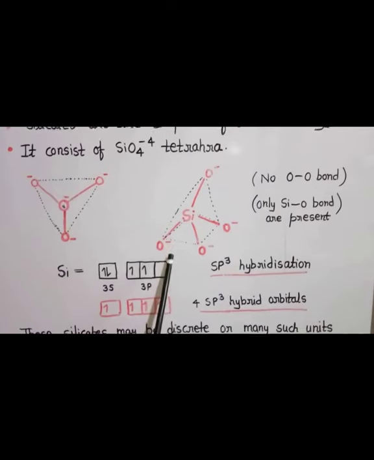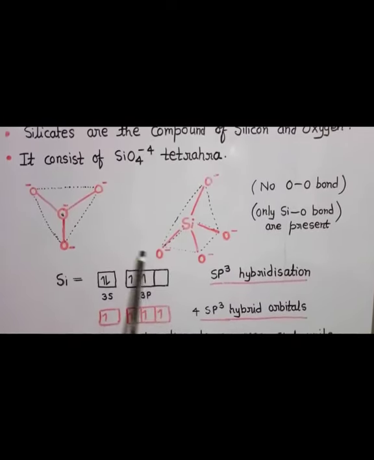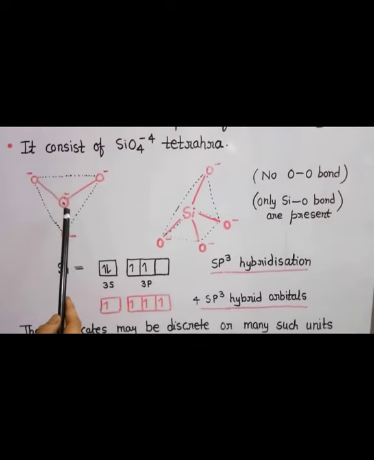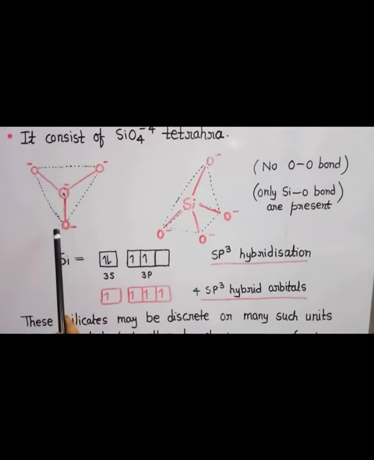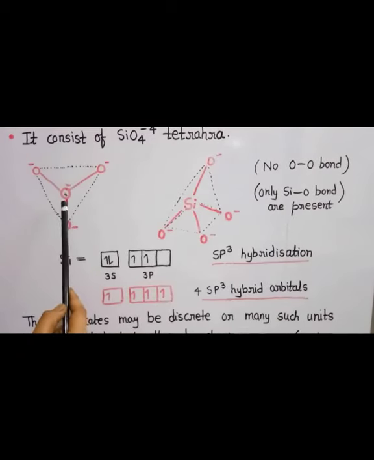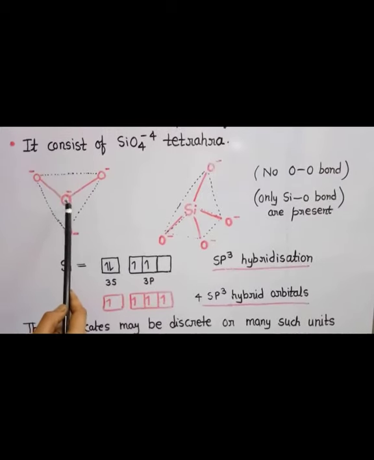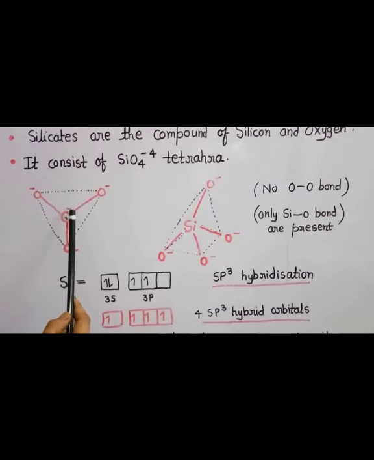The dotted lines show that it looks like a tetrahedral structure. In the center is silicon, surrounded by 4 oxygen atoms directly attached to it, each oxygen carrying one negative charge, so it is a SiO4 4- unit with a tetrahedral structure.